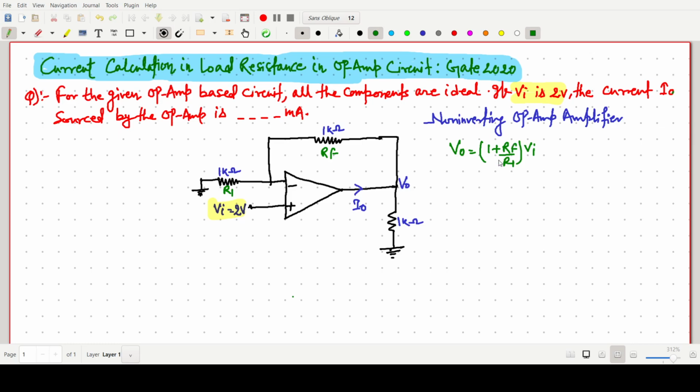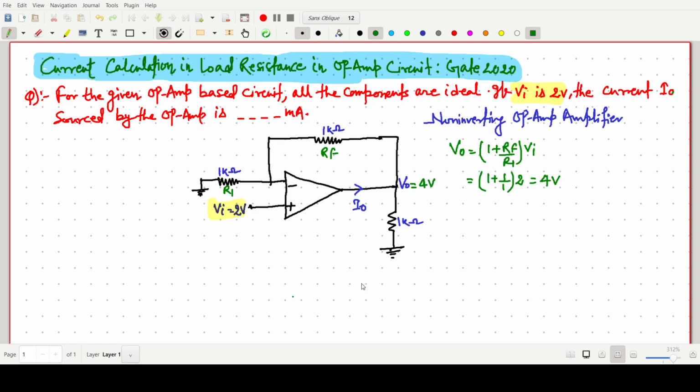One can directly write this formula if we have remembered it. So the output is 1 plus 1 by 1, both are 1 kilo ohm, so kilo kilo cancel, and Vi is 2, so it is 1 plus 1, 2 into 2, which is 4 volt. So V naught is 4 volt.